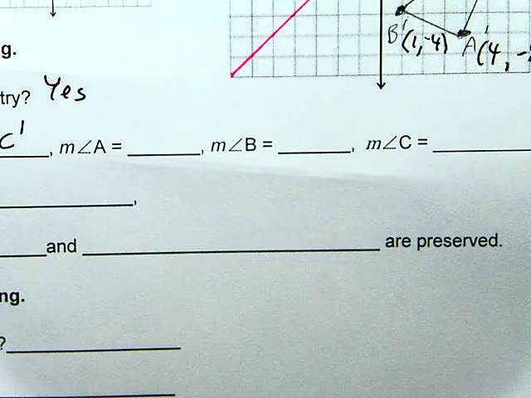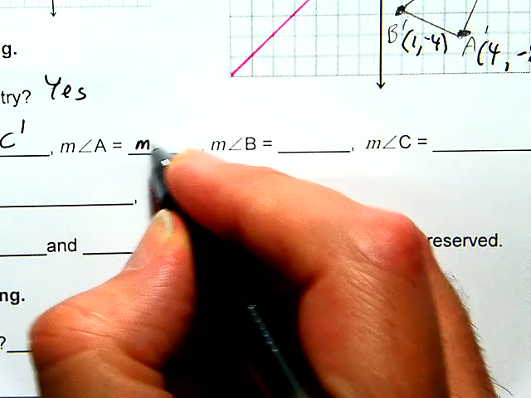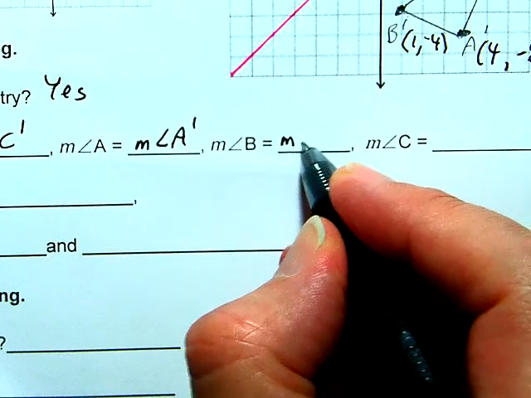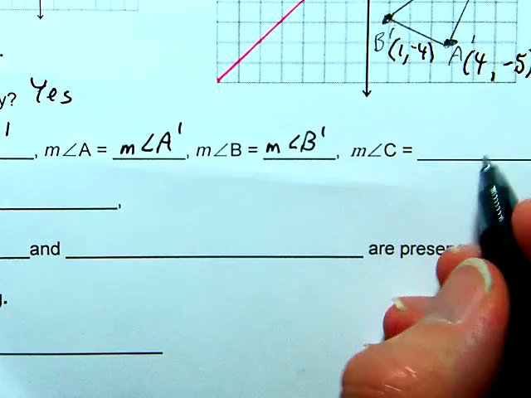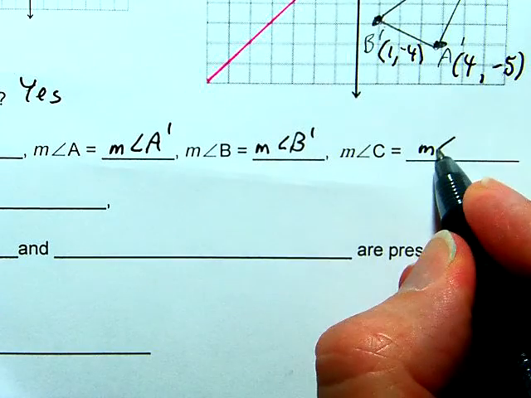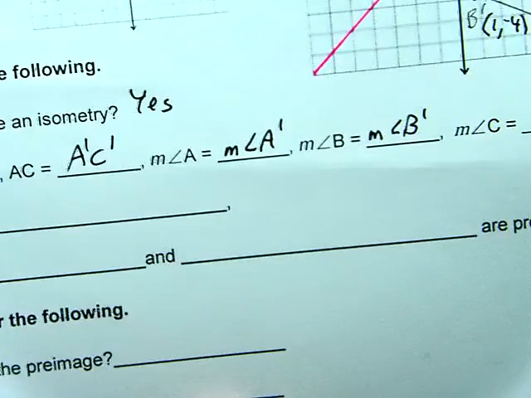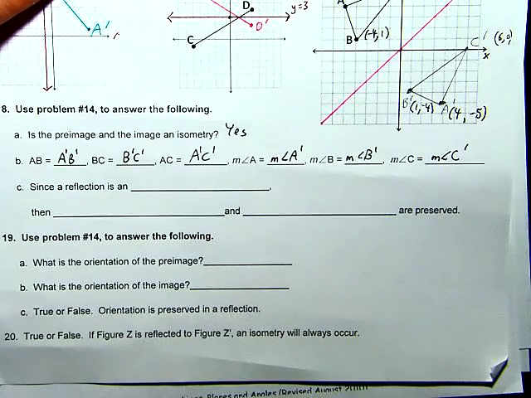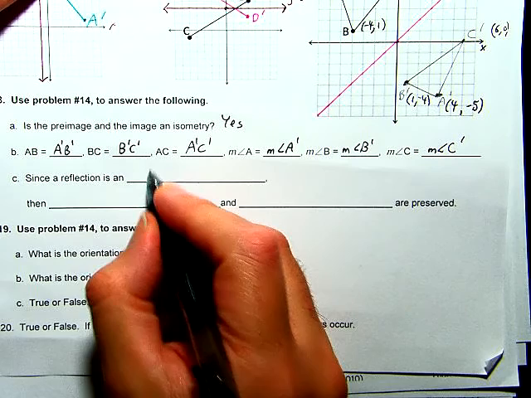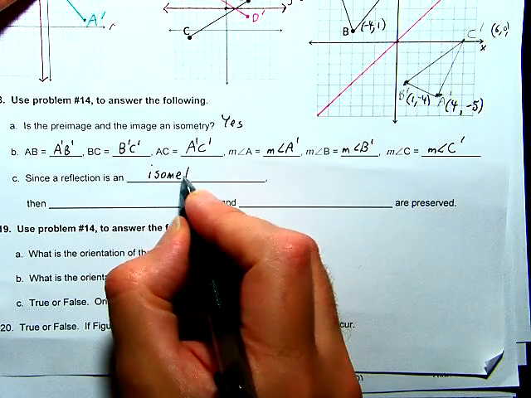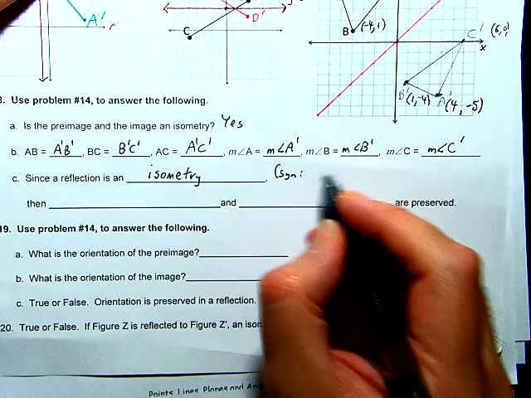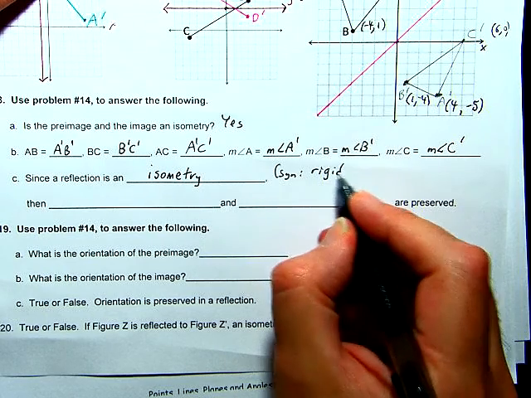So we've got the measure of angle A is equal to the measure of angle A prime, the measure of angle B is equal to the measure of angle B prime, and the measure of angle C is equal to the measure of angle C prime. And we have a conclusion that since reflection is an isometry, or we could say a synonym would be a rigid transformation, right?